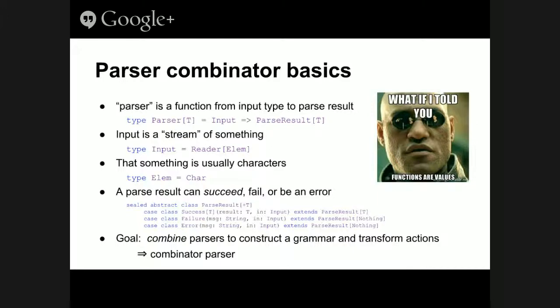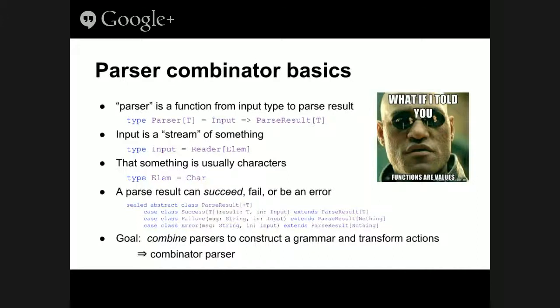And then the other thing is you can have an error. There could be other ways of saying, I just want to say this is an error. The success is pretty straightforward, but the fail is what allows you to move on and try the next thing that might match.